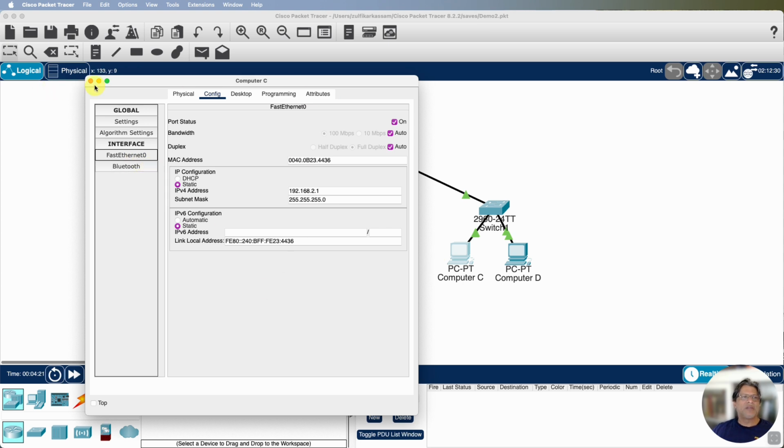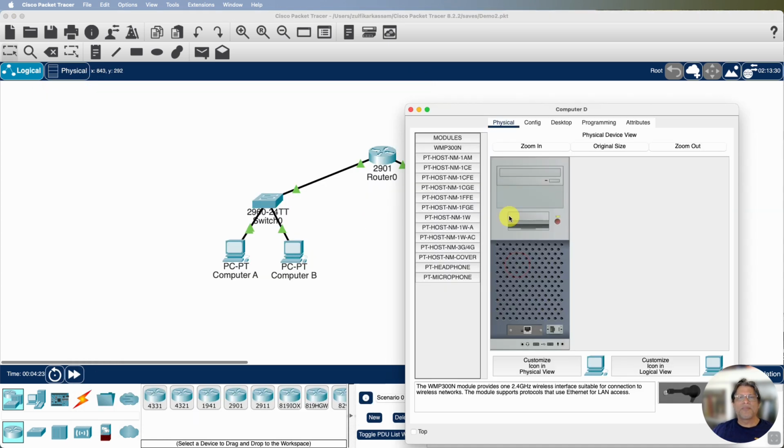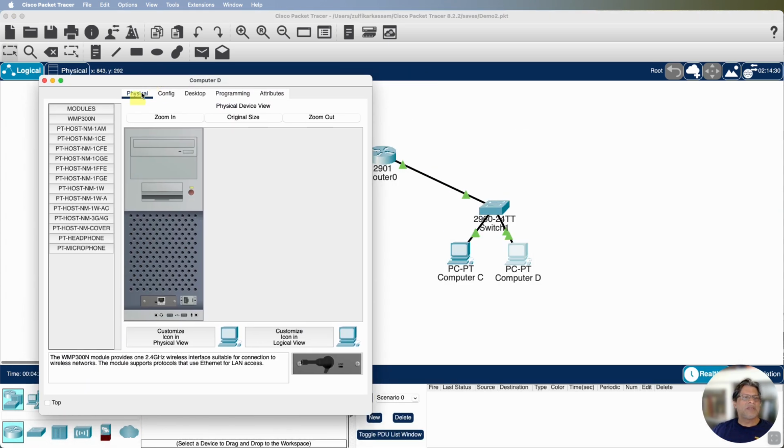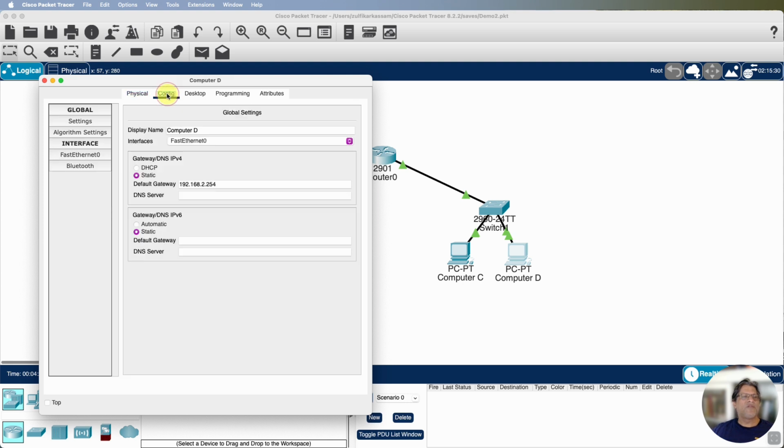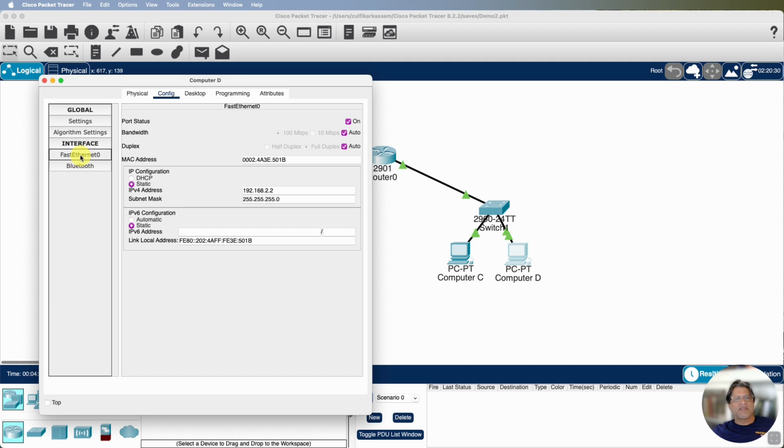And if we look at computer D, on this side in here, we have the configuration using the same default gateway on this side here, 192.168.2.254. And the Fast Ethernet interface is 192.168.2.2. Okay, so we have that in place already.